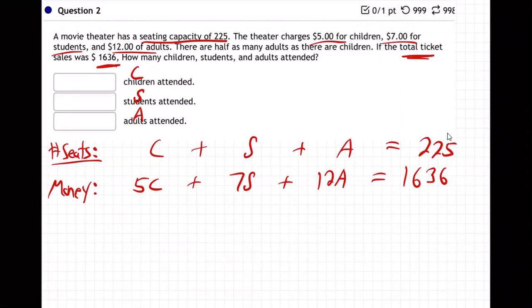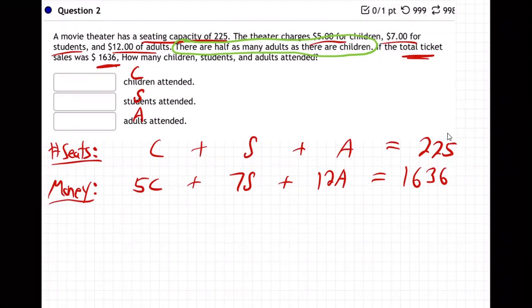Now what else are we going to do? We've only got two equations and we've got three letters, so we need a third equation. Do you see it? Here's the other fact we haven't used. There are half as many adults as there are children.